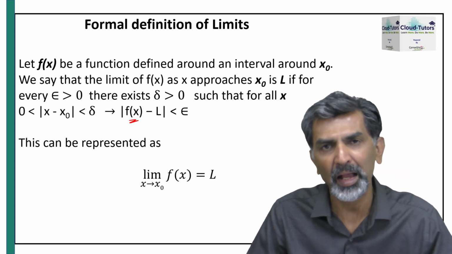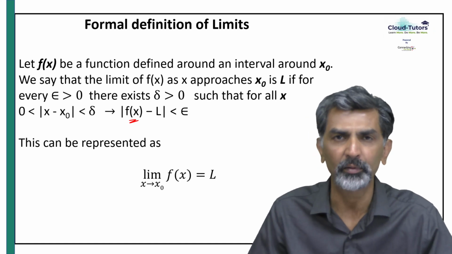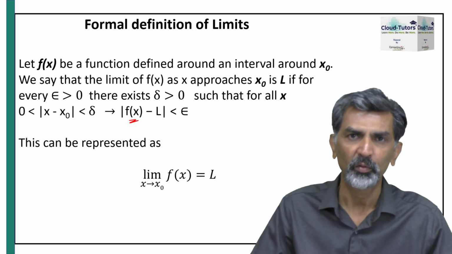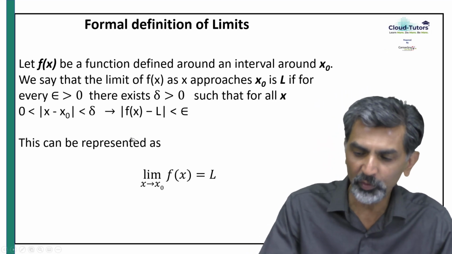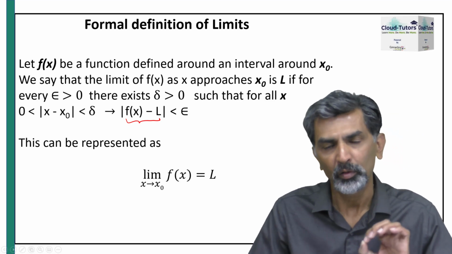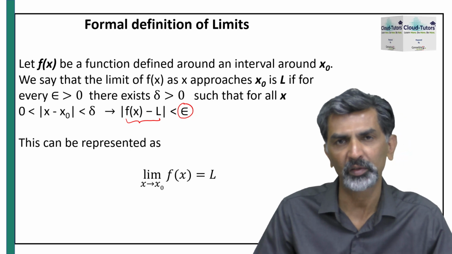You can get as close as you want to the value L, because there will be some value of x which will make sure that the difference between f of x and L is small enough, smaller than the value epsilon. That's what it means.